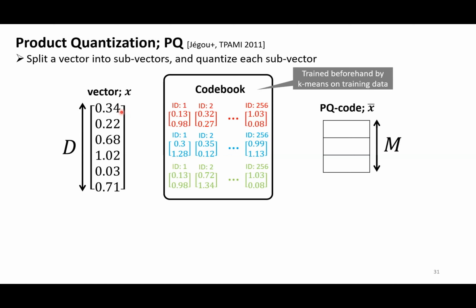So what you do is you have your original dimensionality, you have your target dimensionality, you make blocks of the same size. So the first subspace is colored in red, the second subspace is in blue, the third subspace is in green. What you can now do is run k-means on these lower dimensional vectors.